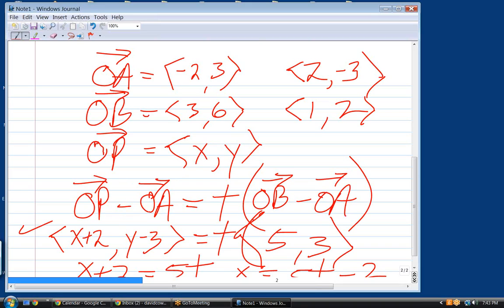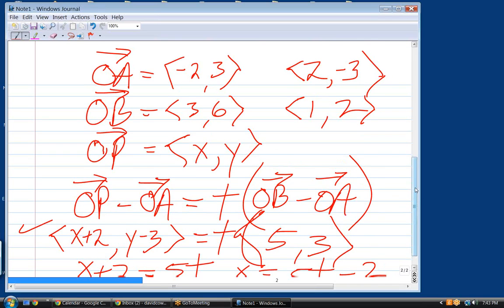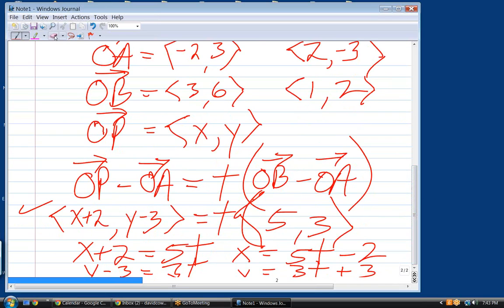OP would be x minus 2. In other words, let's see, what's the best way to do this here? Let me erase this.